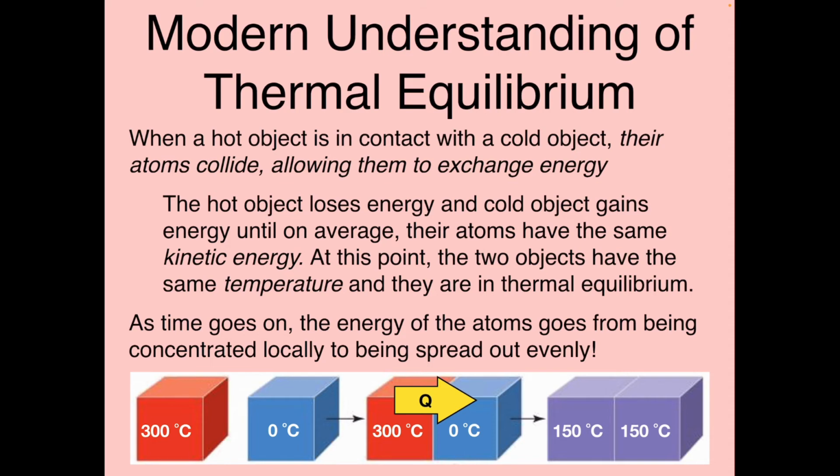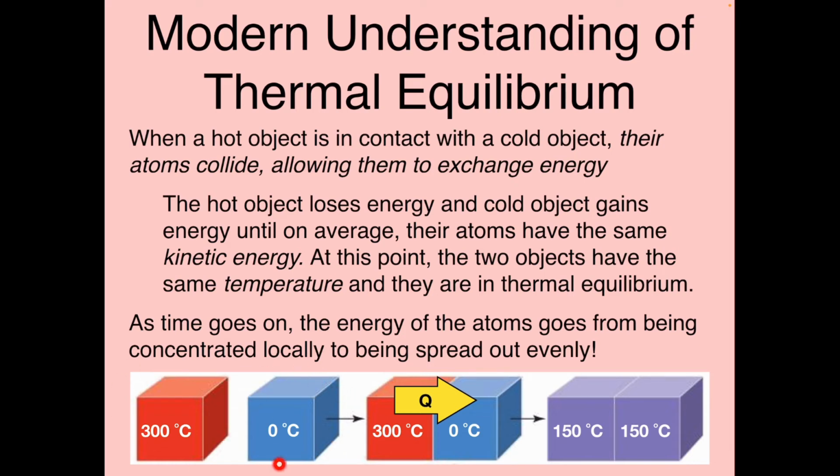Well, let's think back to the result we derived just a little while ago. The average kinetic energy of the molecules that make up an object is directly proportional to that object's temperature. So if we compare these two blocks, one at a higher temperature than the other, that also means that the hotter block is composed of atoms and molecules that are jiggling around faster than for the cold block.